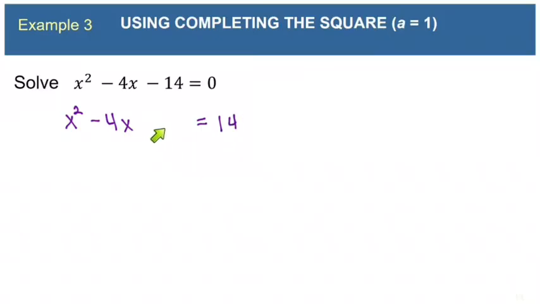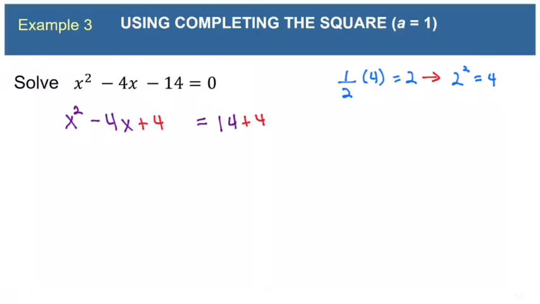And now we will add something to both sides. And what will we add? The way to figure out what to add is to take this x coefficient and divide it by 2 and then square that number. So half of 4 is 2, and then 2 squared is 4. So I'm going to add 4 to both sides.